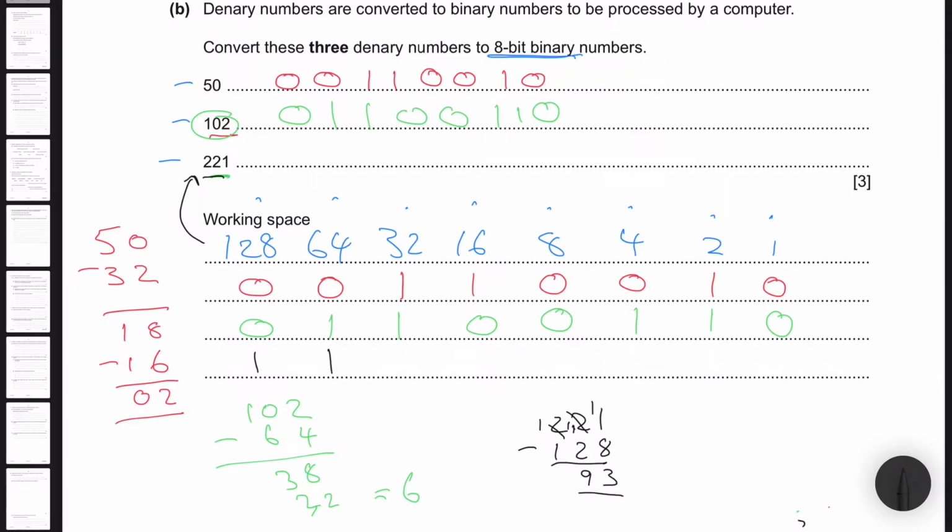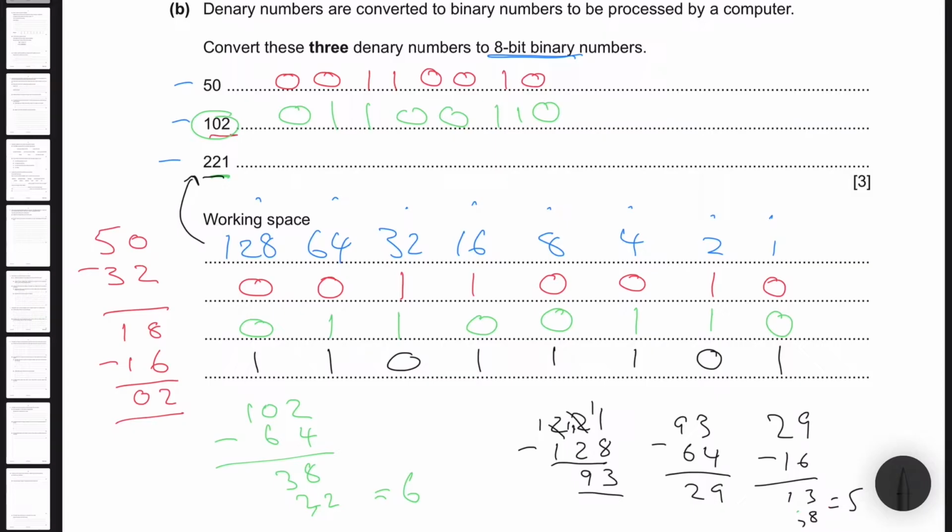1 there, so 93 minus 64 would give us 29. So 0 there, 1 of those, 29 minus 16 gives us 13. 1 of those, minus 8 equals 5. So 1 of those, none of those, and 1 of those.